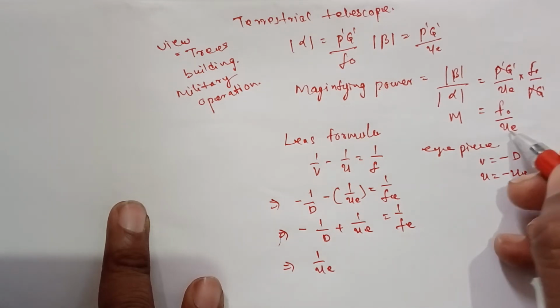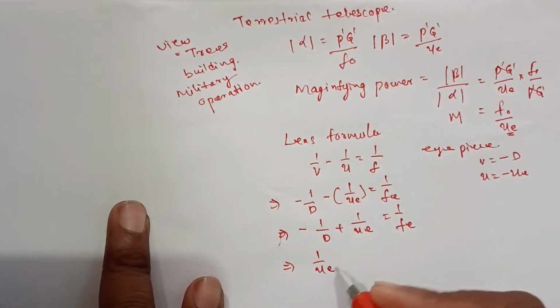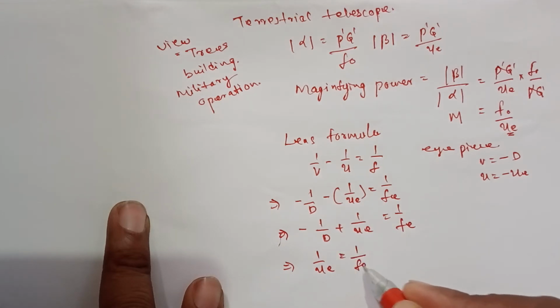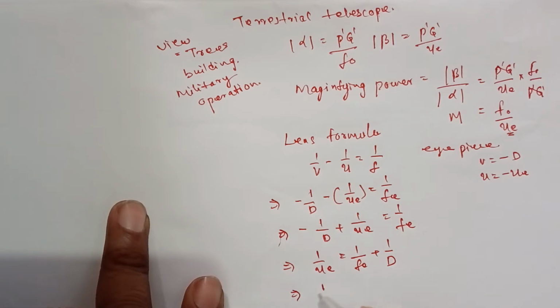Now we can find ue from here: 1 by ue is equal to 1 by fe plus 1 by d. We can take 1 by fe common, so 1 by ue is 1 by fe times 1 plus fe by d.